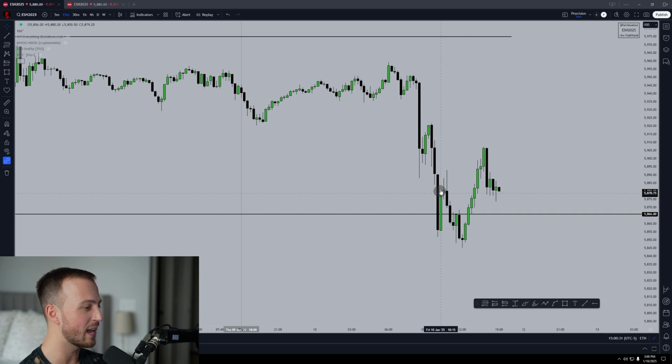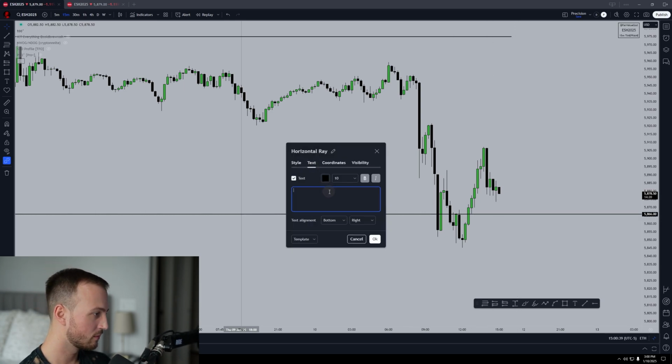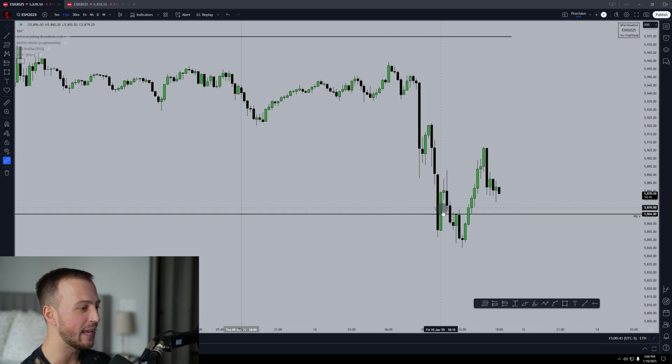And so what I did was I waited, right? I waited for price to come down and hit these relative equal lows. Let me go ahead and mark that out so we're not confused. I waited for price to come down and hit these relative equal lows. And I saw a bounce off that level.